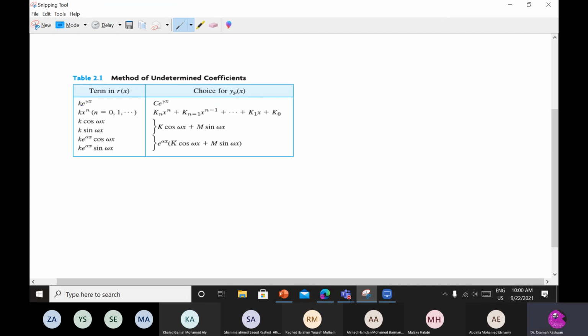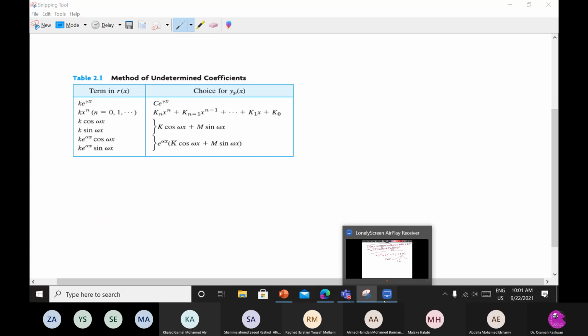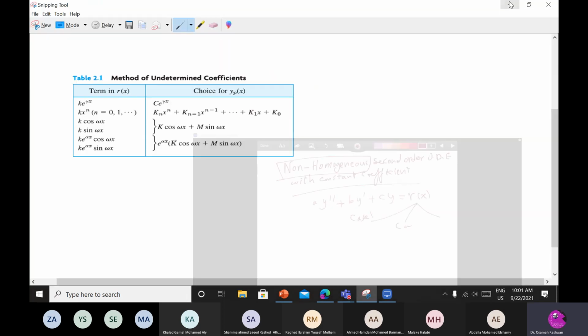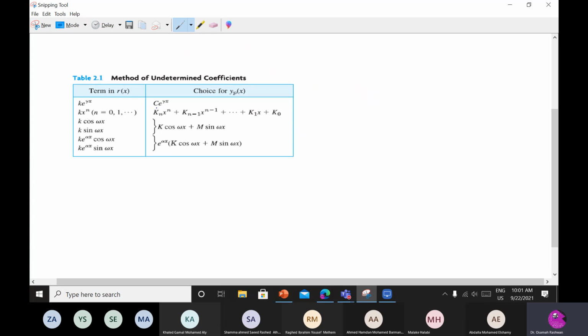You have k or a constant times the exponential function, or a polynomial of degree n, or a cosine or sine function, or a mix between the exponential and the cosine, and the exponential and sine. What do I have to do if I have the right hand side as an exponential function of the independent variable?